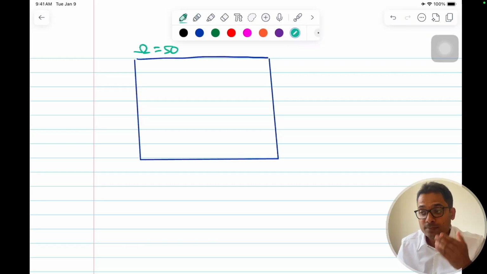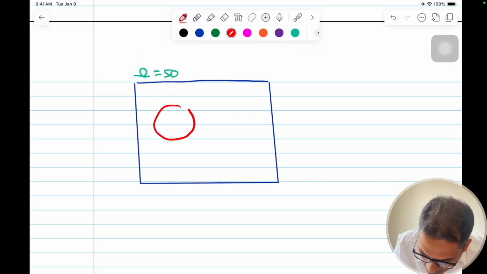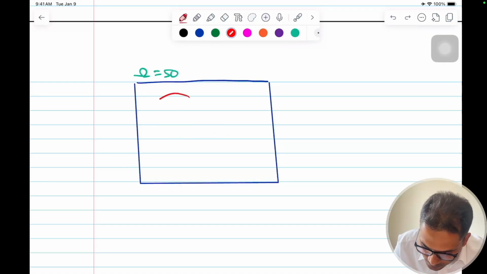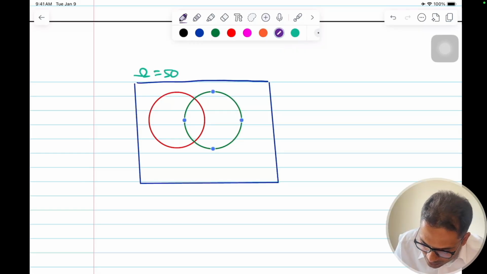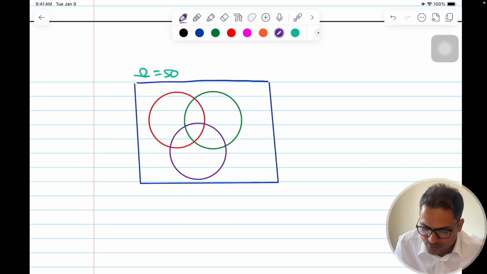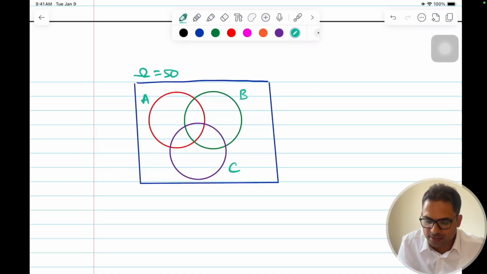Let's draw 3 events, A, B, and then let's draw a C. So A is there, B is there, and C is there.